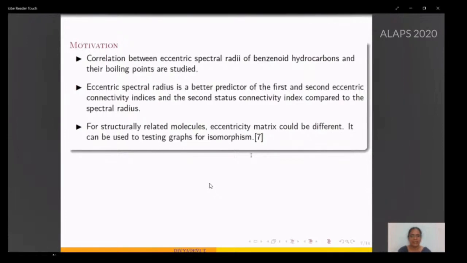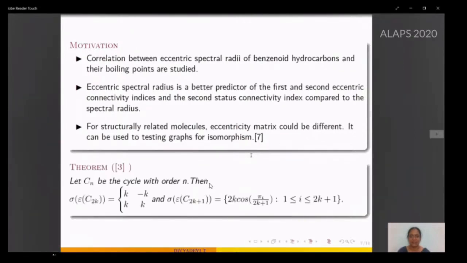Recent results related to the eccentricity matrix are computations of the eccentric spectrum of some classical graphs like the complete graph, complete bipartite graph, star, path, cycle, etc. One such result is given here: the eccentric spectrum of the cycle.